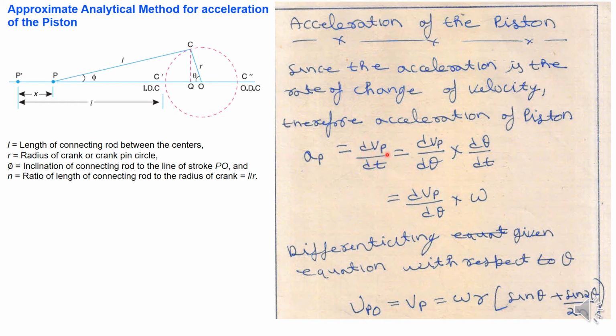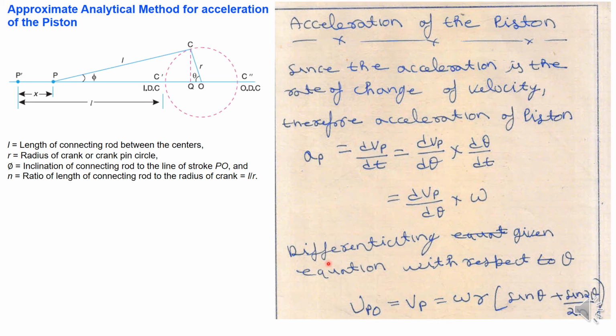Then dVp by dt is equal to dVp by d theta multiplied by d theta by dt, and we know d theta by dt is equal to omega, as we clarified in our previous lecture. So dVp by d theta multiplied by omega.